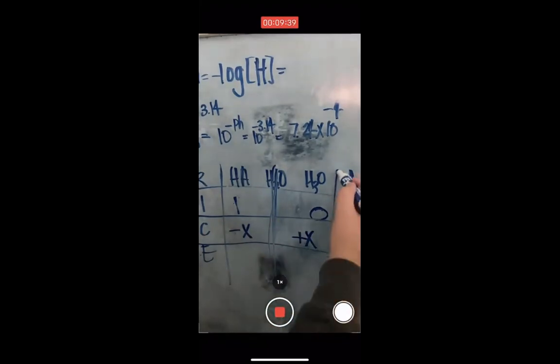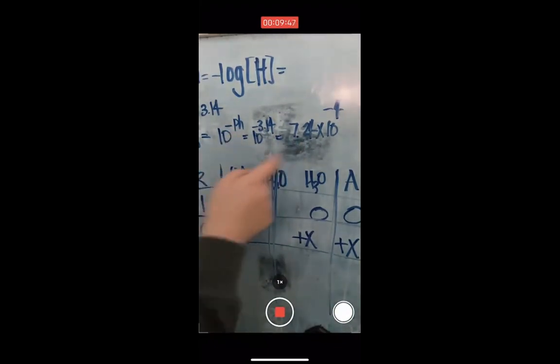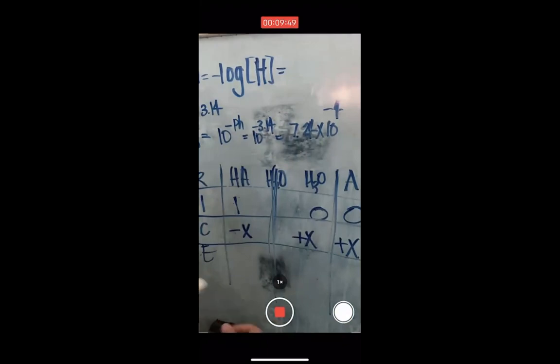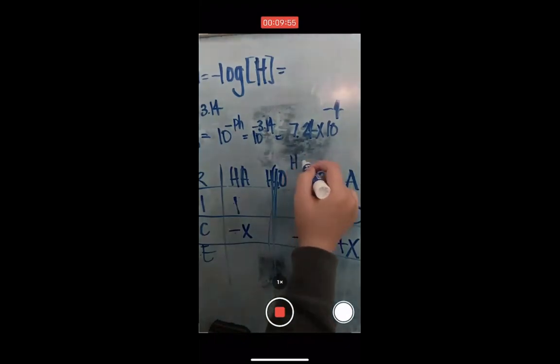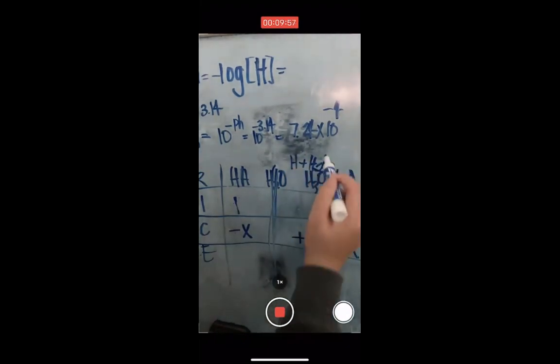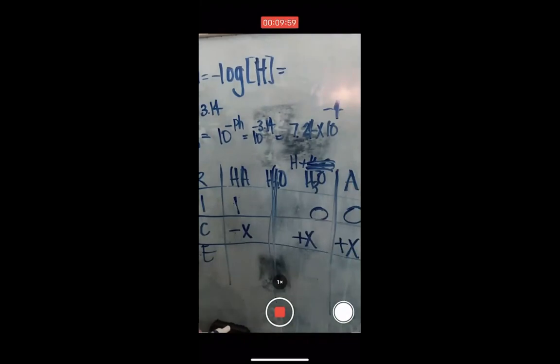Does that value go in anywhere? Well, if we know that the concentration of H at equilibrium is this, we can put that in for H3O plus, because H3O plus is essentially our H, because it's just H and H2O. But we're not looking at H2O, remember? We're just looking at H. So same thing. It's going to go down here for the H3O plus.